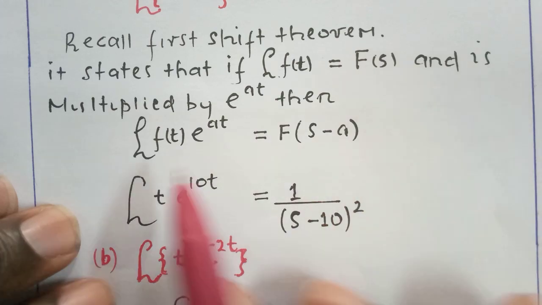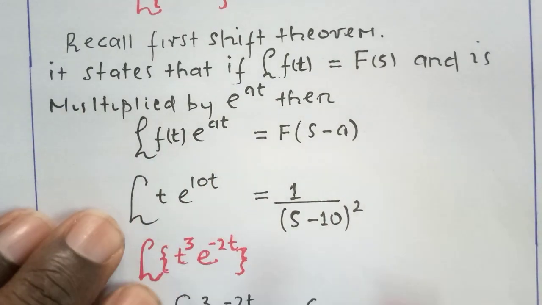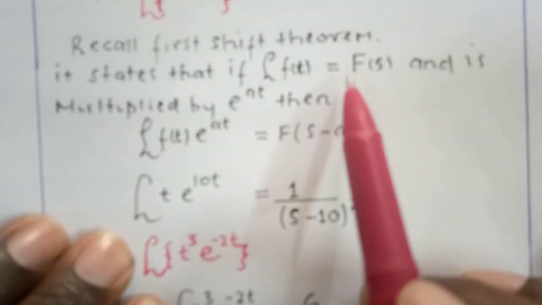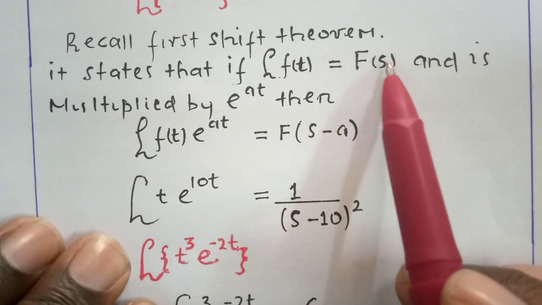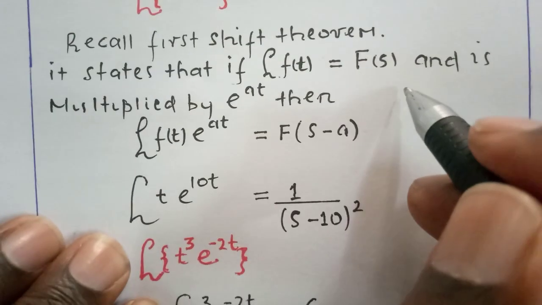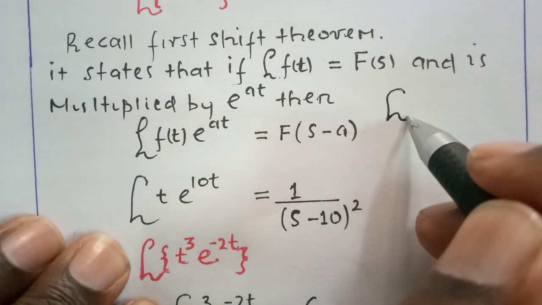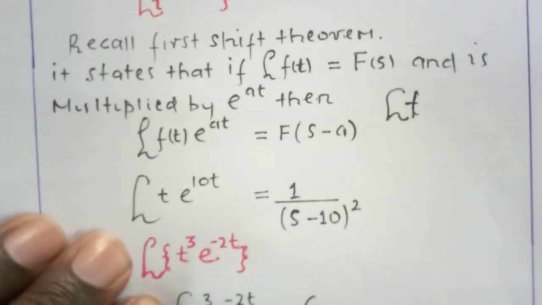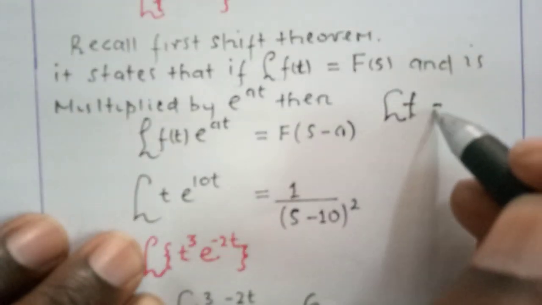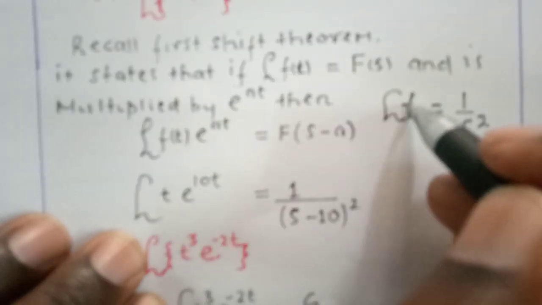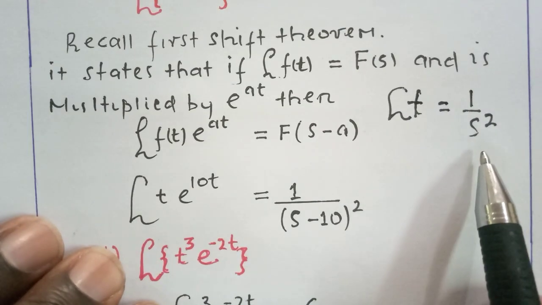For t alone, that is the Laplace transform of t, we usually get 1 all over s squared. That's what we get for the Laplace transform of t.